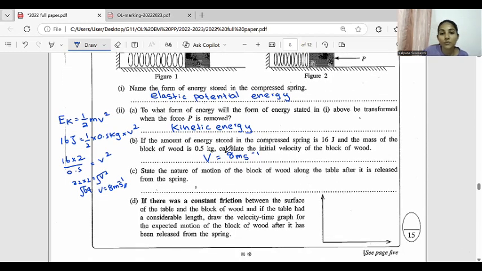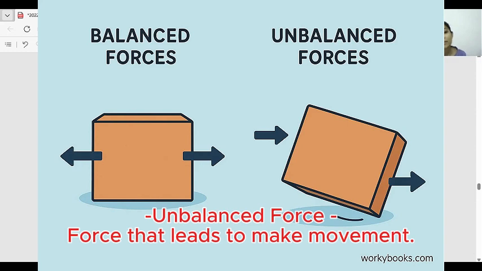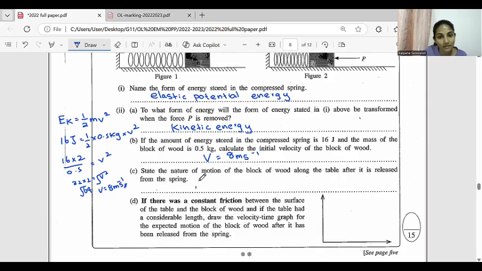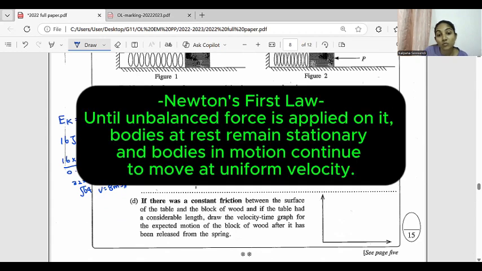State the nature of motion of the block of wood along the table after it is released from the spring. So, according to Newton's first law, until an unbalanced force is applied, an object at rest remains stationary, while an object in movement moves with uniform velocity.